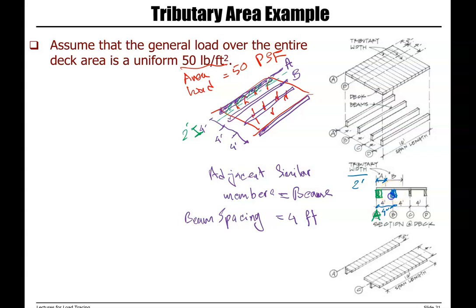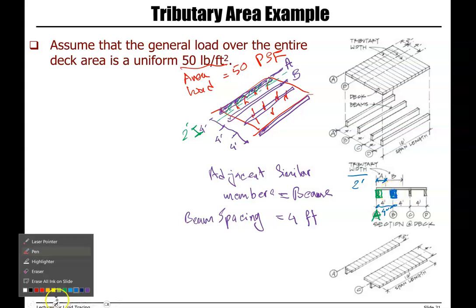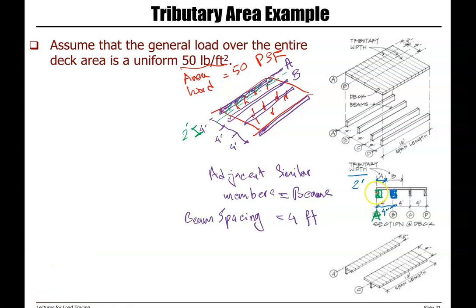Now, if we look at beam B, it has two adjacent members, beam A and beam C. So half of the distance between B and A plus half of the distance between B and C. If I want to show it on this plan, if we look at beam B, there is half of the area on the left side and half of the area on the right side. So it's 2 feet on the left side plus 2 feet on the right side.